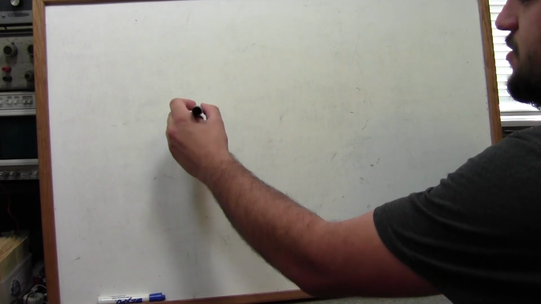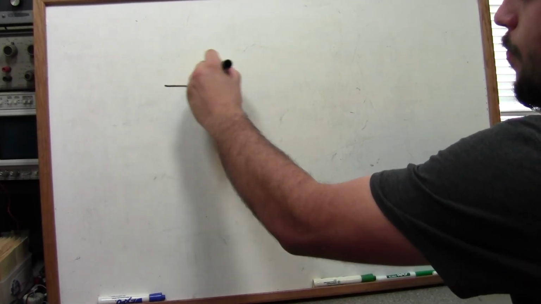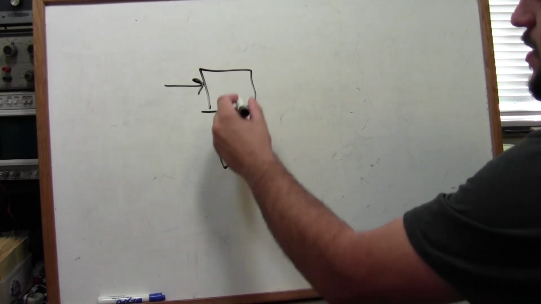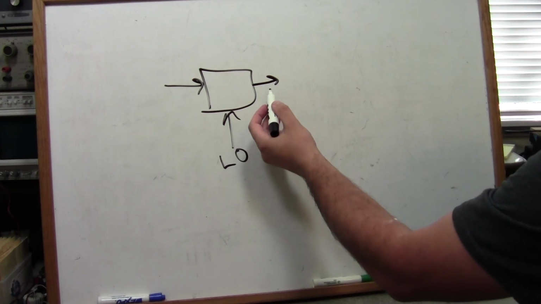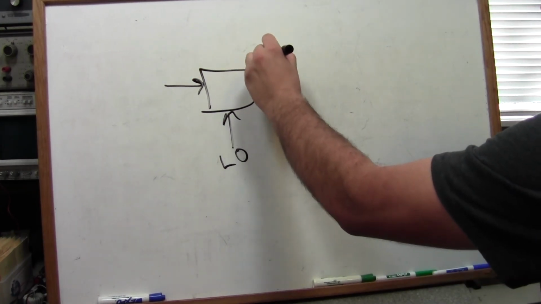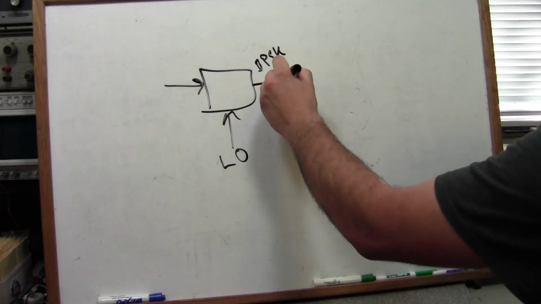Looking at the block diagram for a transmitter, you would have your data coming in, and a modulator, so this is your LO. At this point you would have whatever your modulation would be, say binary phase shift keying at your band frequency.